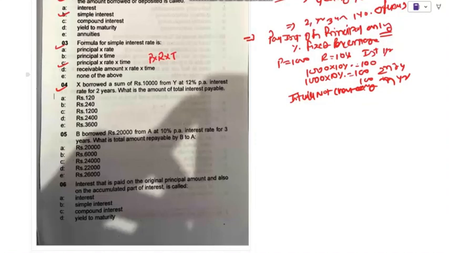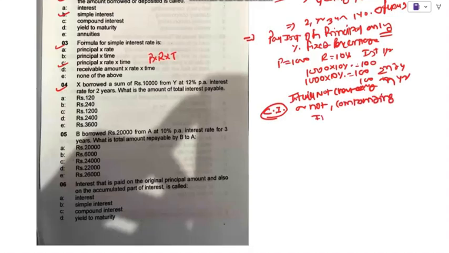What is the total interest payable? While solving questions on simple interest or compound interest, you have to keep in mind one thing: whether compound interest or the compounding word is mentioned or not.